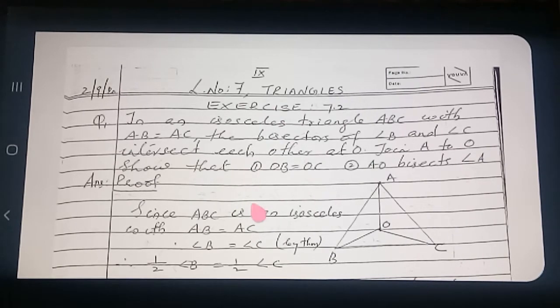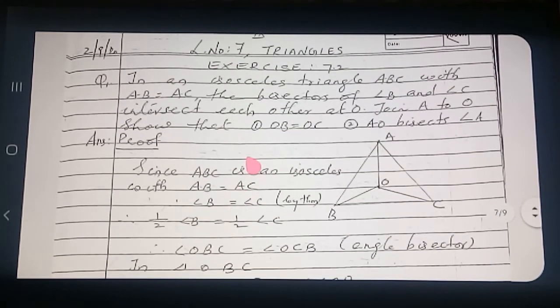If you listen to the rider properly, then only you will get the riders easily. Now see. Here in triangle ABC, what type of triangle is it? Triangle ABC is an isosceles triangle. Clear? So which two sides are equal? AB and AC are equal. If AB and AC are equal, then what can you say about the opposite angles?